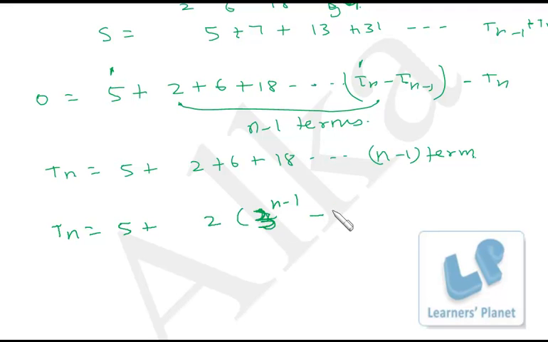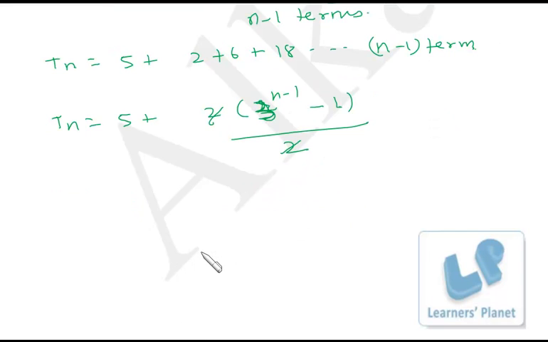So r to the n minus 1 minus 1 upon r minus 1, and r is 3, minus 1, it is 2. Okay, so the nth term is 5 plus 3 raised to n minus 1 minus 1, so that is 3 raised to n minus 1 plus 4. That is the nth term.